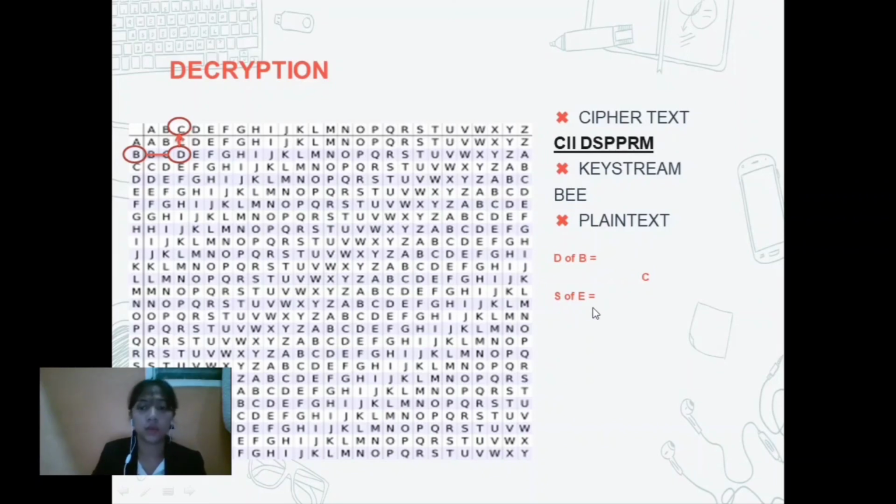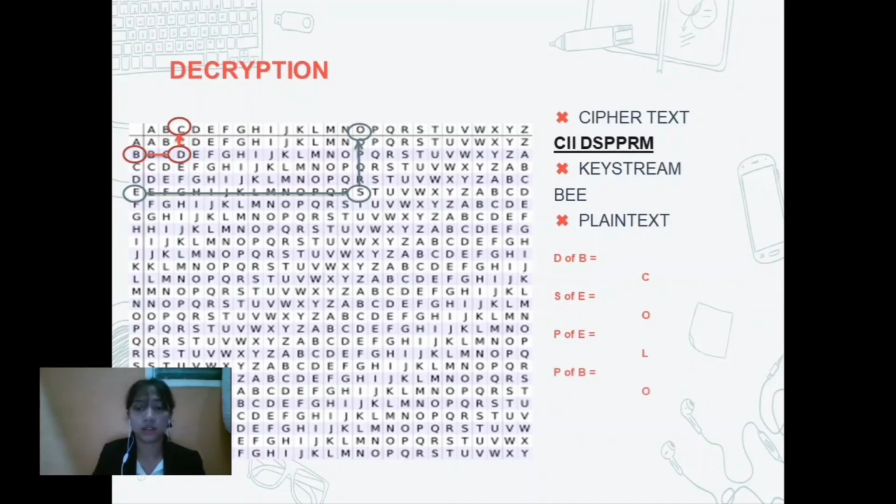So from the x-axis, E, to the S here in the same row. At the top of that is letter O. So the decrypted letter is O.